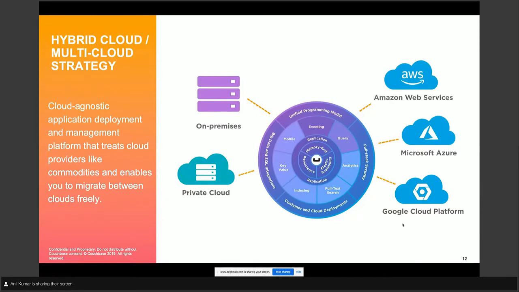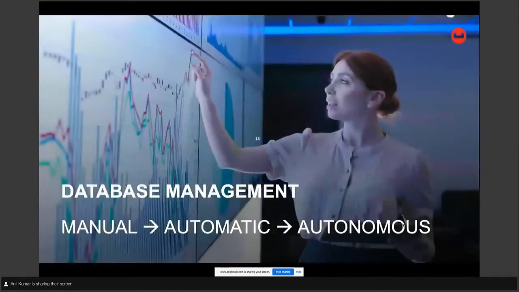So it makes your application completely infrastructure agnostic. Finally, I'll leave you with this thought: database management has transformed from being manual to automatic to fully autonomous. And this is exactly the goal of Couchbase Autonomous Operator.